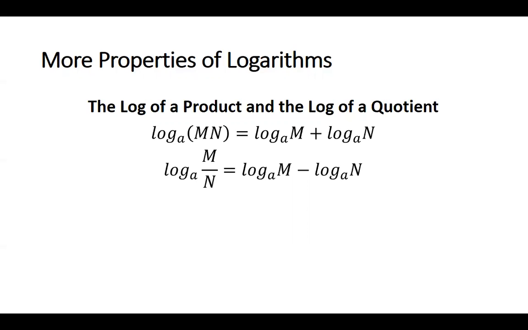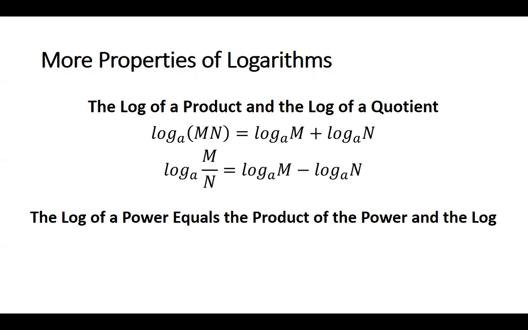If we have a division, log base a of m over n, then log base a of m minus log base a of n is equivalent to that. Again, think of your exponential rules, and this follows along. The log of a power equals the product of the power and the log. So log base a of m to the r is equal to r times the log base a of m.